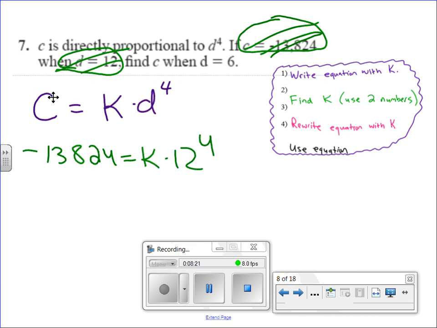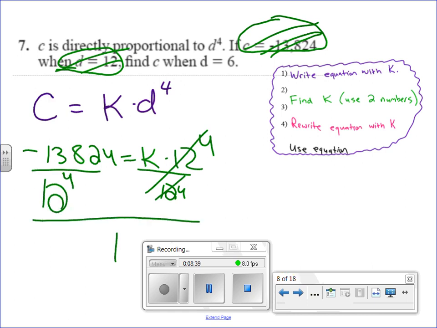All right, these numbers are going to get big. Let me grab my calculator. It's going to be -13,824 divided by 12 to the 4th. So I need to get this 12 to the 4th over to the other side. I got my constant to be -0.6 repeating.